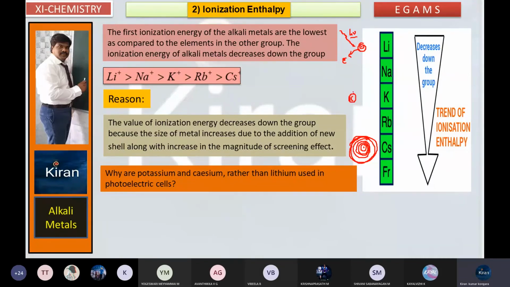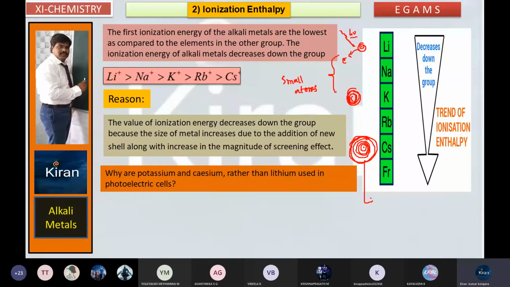Potassium also has 4 shells. These both are small atoms compared with cesium. So which can emit an electron easily?